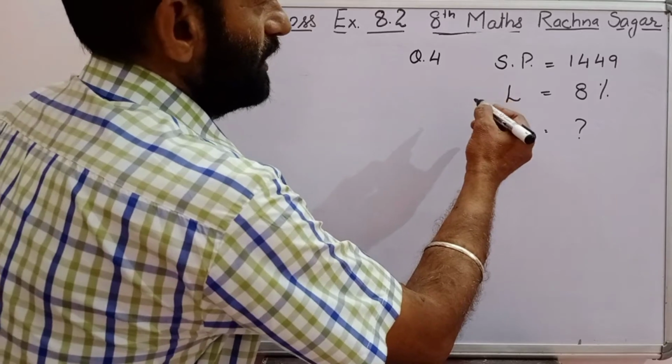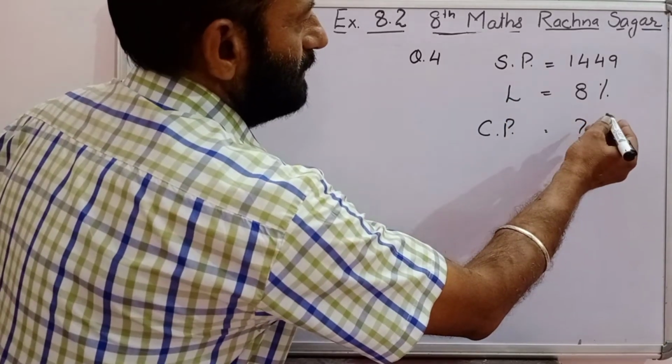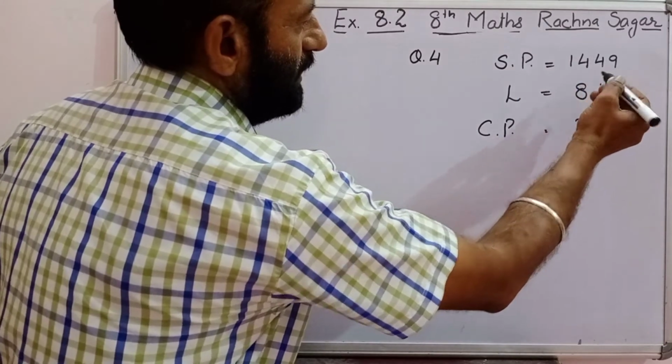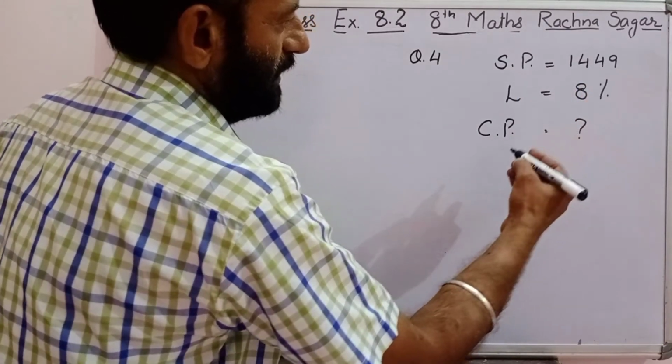Question number 4. A man loses 8% by selling an article for rupees 1449. Find the cost price of the article.